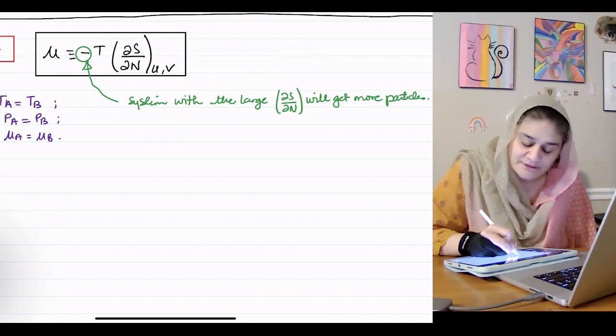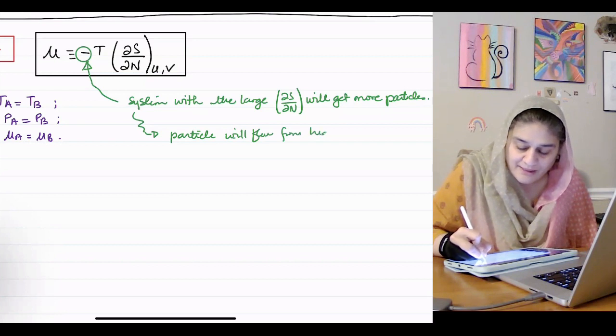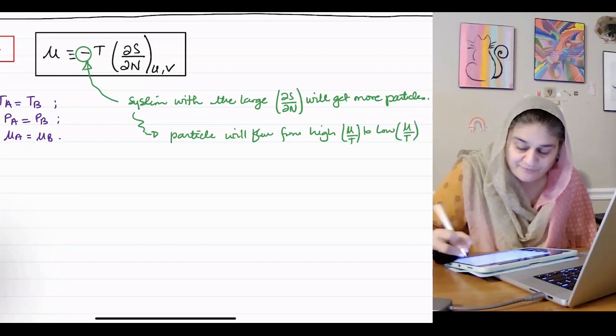In other words, what this is saying is that particles will flow from high mu over T to low mu over T.